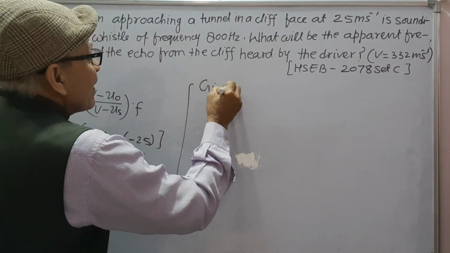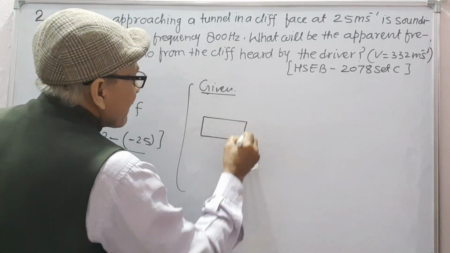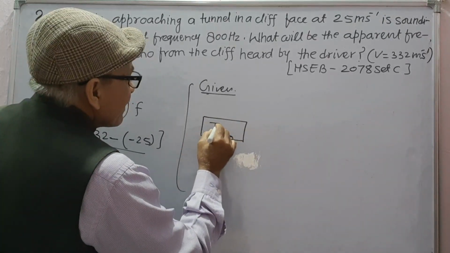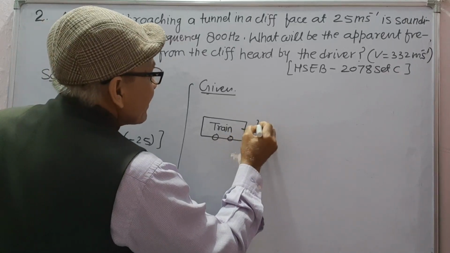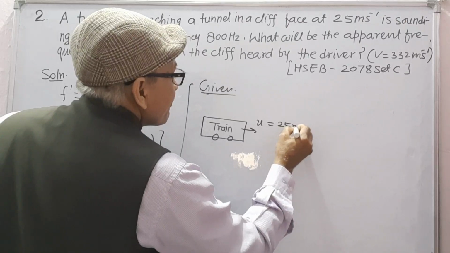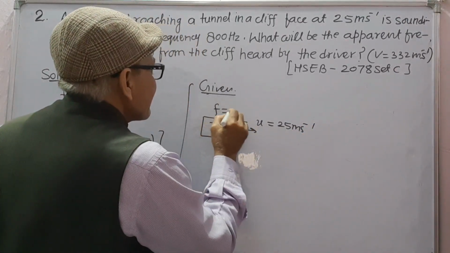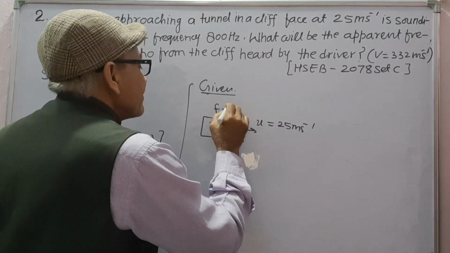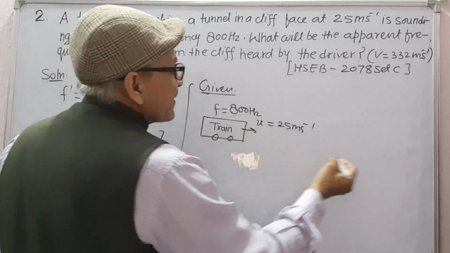Given, this is the train moving with velocity u equal to 25 meter per second and producing sound of 800 Hz frequency.